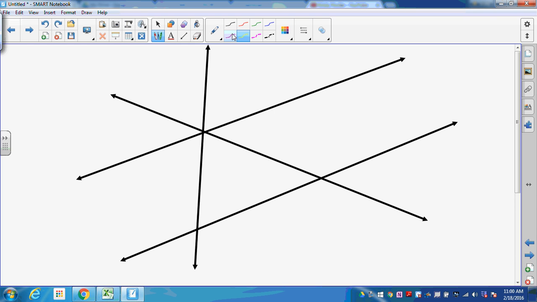One of the things that I hope you notice is that that second transversal has now created a triangle in the center of your parallel lines, and you need to apply the rules of triangle angle measures here.